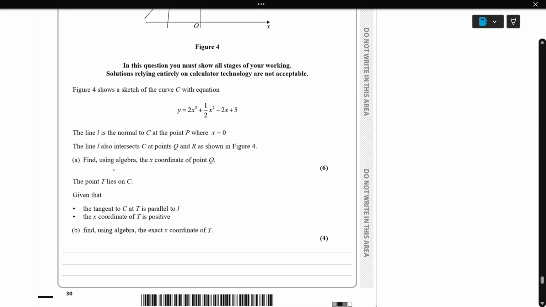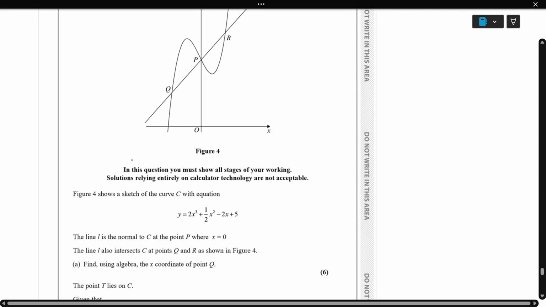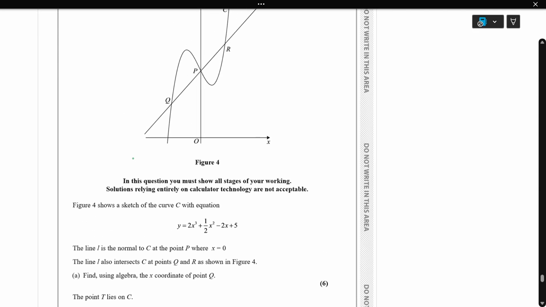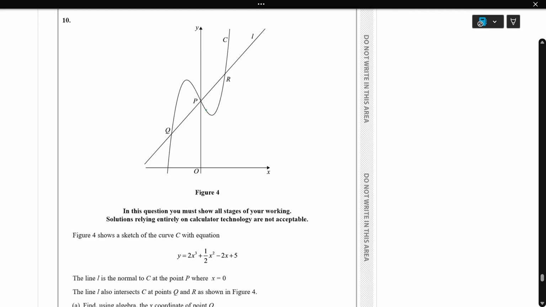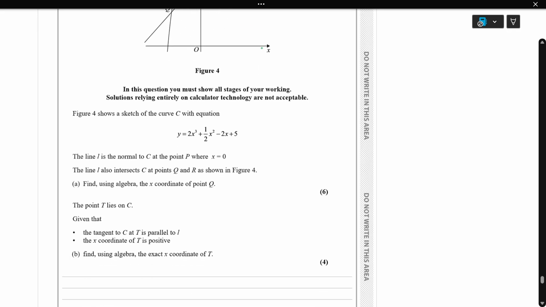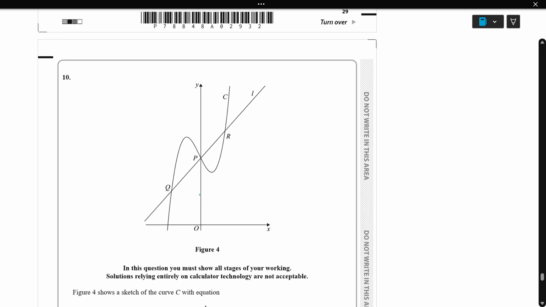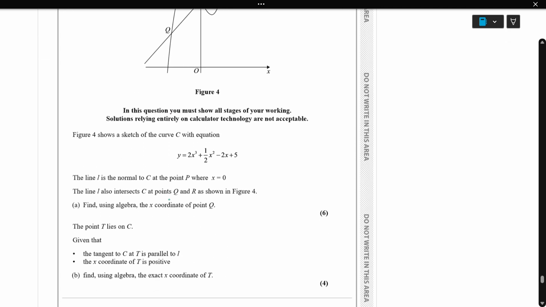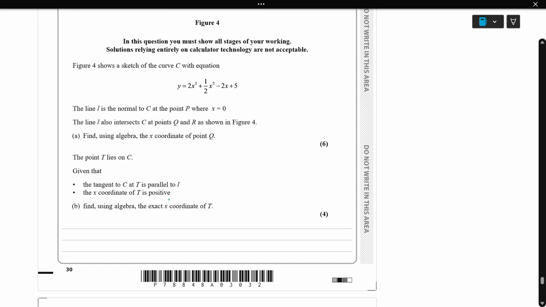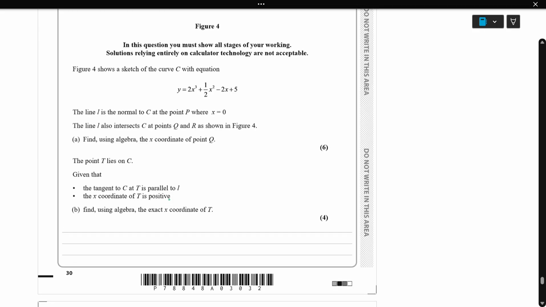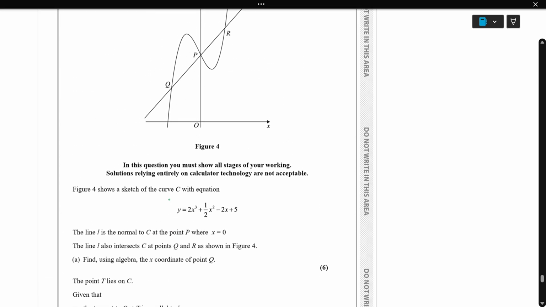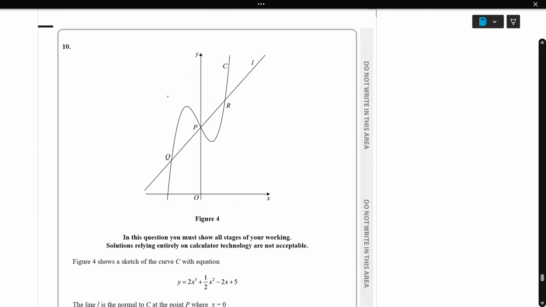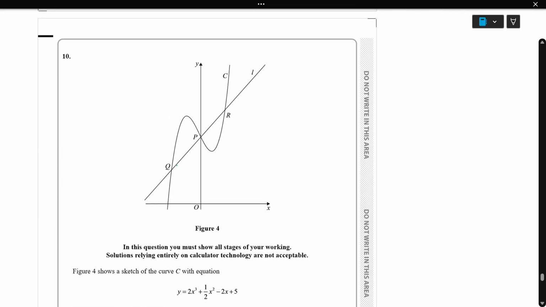Next, the line L intersects C at points Q and R. In the figure, find using algebra the x coordinate at point Q. So we are finding Q. First we need to find the straight line equation.